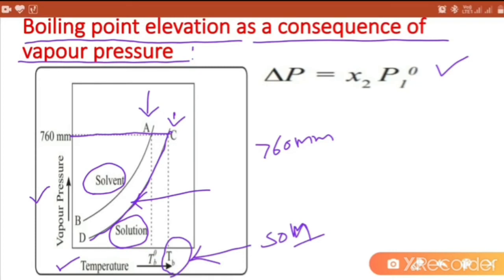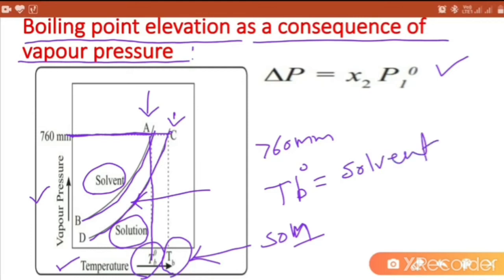And similarly for curve AB, at 760 mm, this is the temperature TB0, the temperature for solvent, and TB is the temperature for solution.